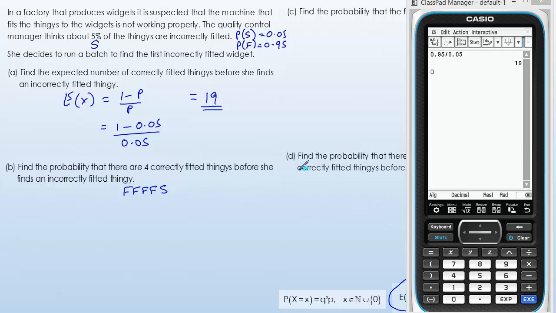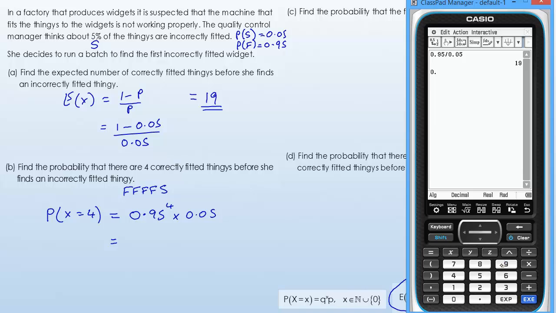Now, since x is defined as the number of correctly fitted ones before she finds an incorrectly fitted one, as we can see here, we're after the probability that x is equal to 4. So that's going to be 0.95 to the power 4, just following the formula, multiplied by 0.05.